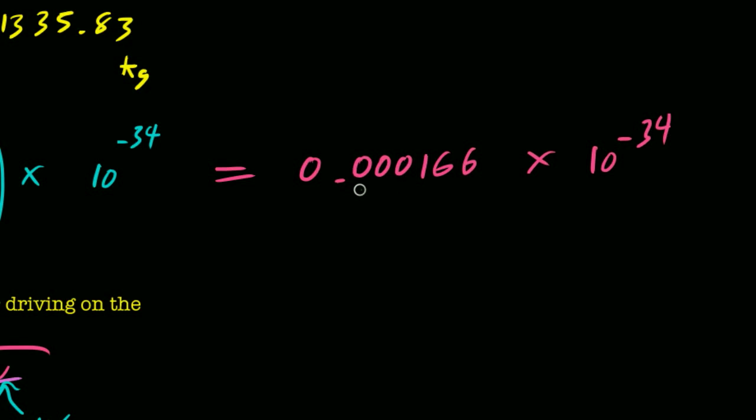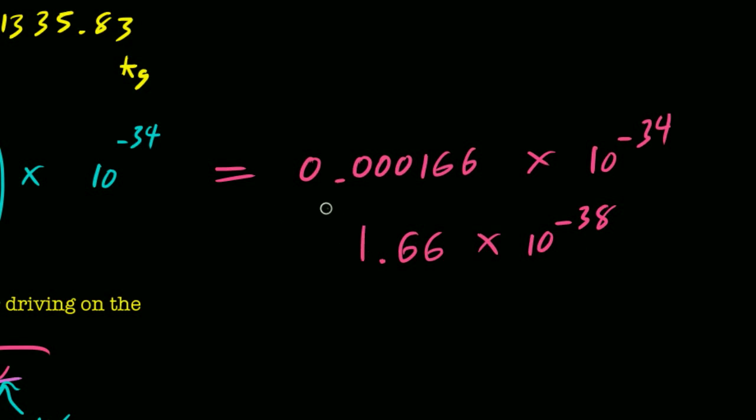Well, our decimal point's going to move over to the right 4 spots, right? We've got 1, 2, 3, 4. So we're going to decrease this exponent by 4 units. So it's going to be 1.66 times 10 to the minus 38.